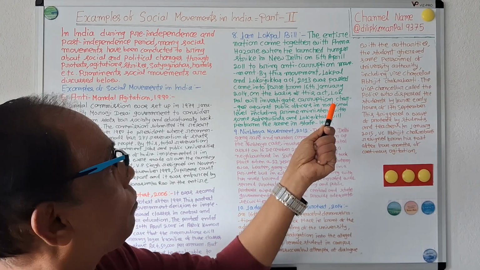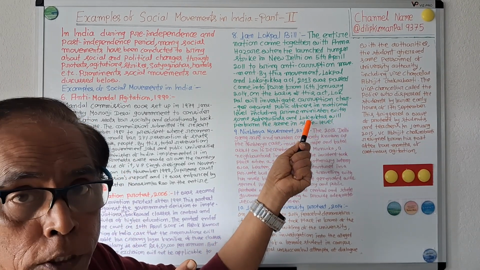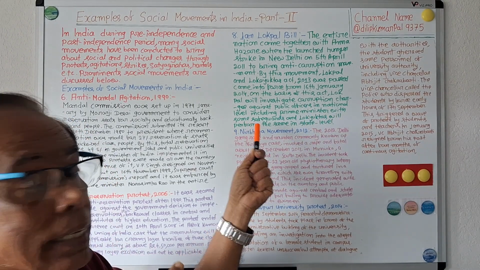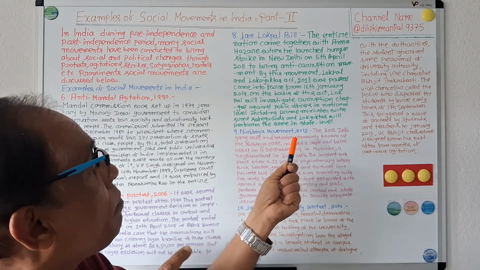On the basis of this act, Lokpal will investigate corruption charges against public officers at the national level, including the Prime Minister, with some safeguards, and Lokayuktas will perform the same at the state level.